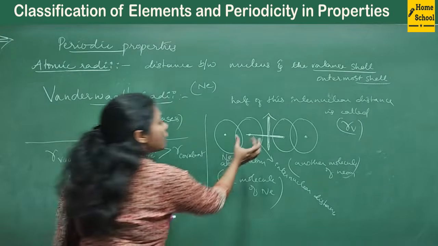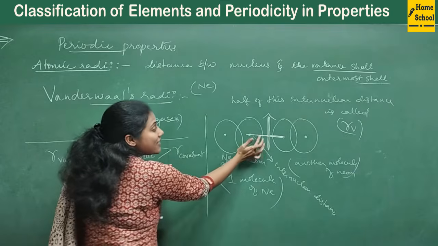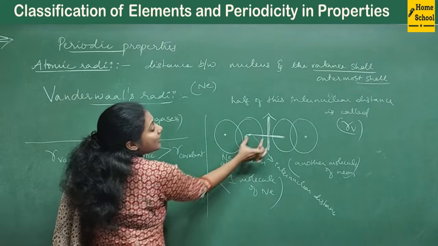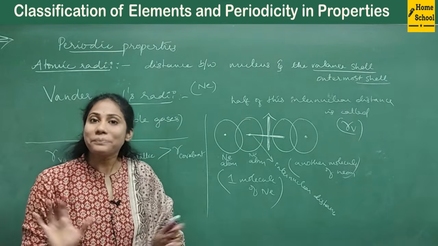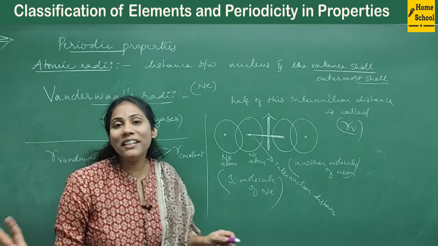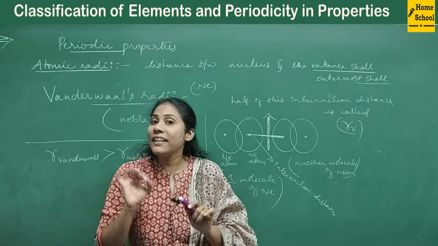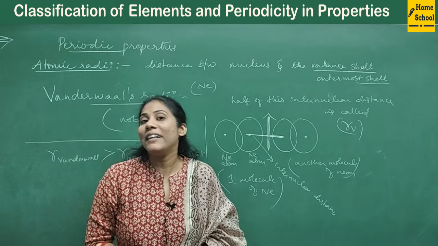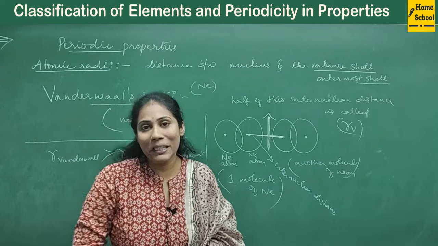Half of this internuclear distance is considered as the size of this atom, and it's actually much bigger than the actual radius of an atom. So hope you are clear with the three types of radii. This way we can identify the atomic radii of a particular atom in a particular element.